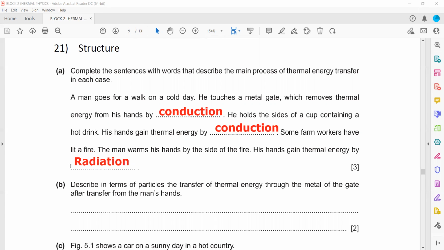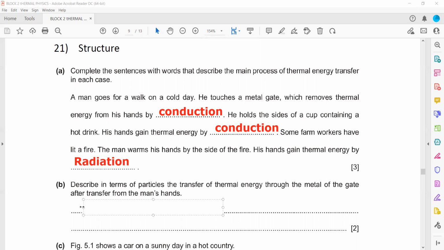Describe in terms of particles the transfer of thermal energy through the metal of the gate after transferring from the man's hand. So what will happen? The particles vibrate, because you have to explain the conduction here. So the particles vibrate and also electrons travel from a region of high temperature to low temperature.